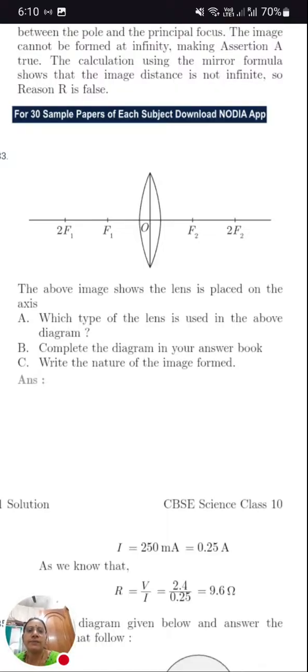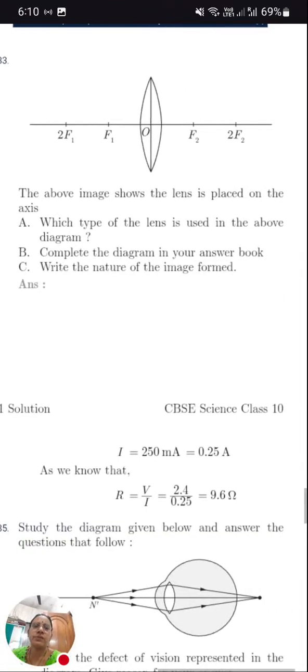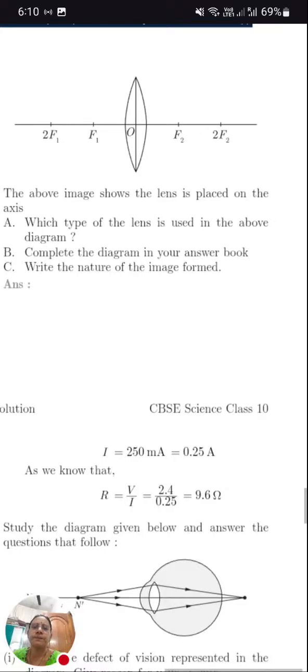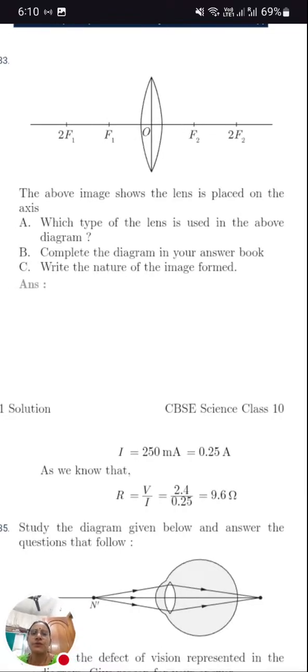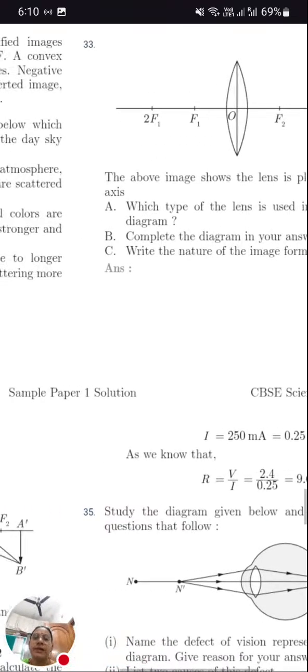Complete the diagram in your answer book. Write the nature of the image formed. So here you need to write the answer related to the convex lens. They have not given the position of the object on the axis, so this question is a little incomplete. Without the position of the object, you cannot complete the diagram.